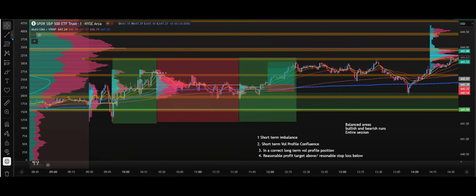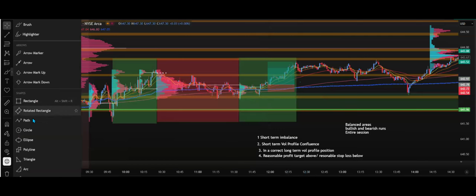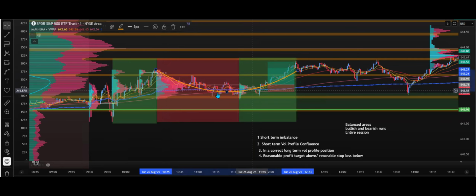Because you have a structure, you have your newly forming buy side imbalance, right? We went from sell imbalance to buy imbalance. Very early on in the buy imbalance, you have your point of control retest and support.